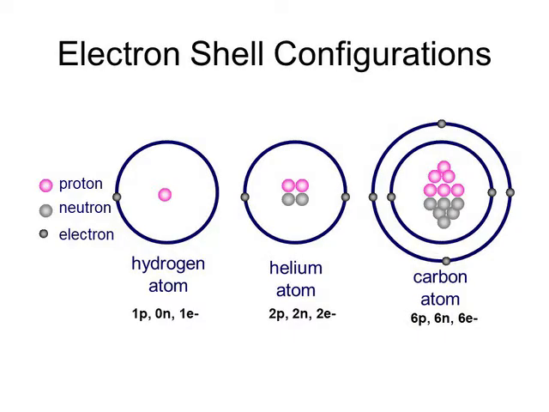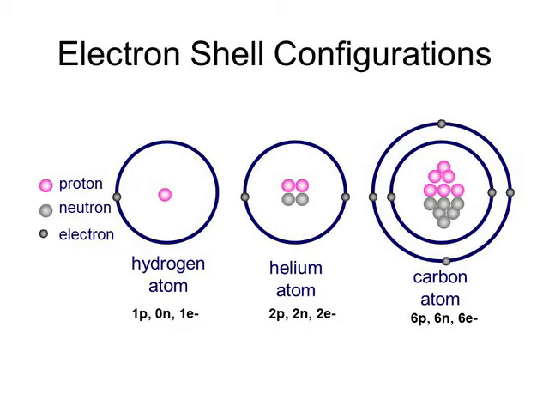So let's look at electron shell configurations. In the nucleus, again, you have your proton and your neutron. I apologize, hydrogen should have a neutron in there, so hydrogen should have one proton and one neutron within its nucleus, and it will have one electron in its outer shell.